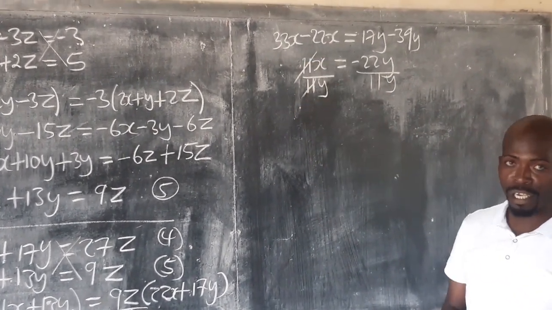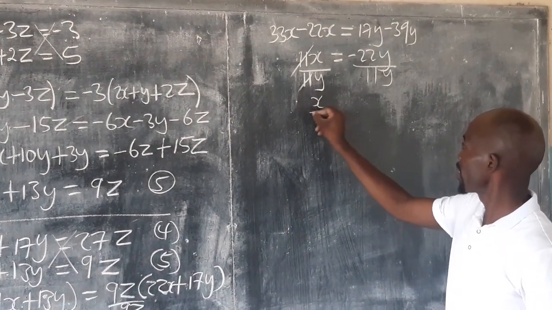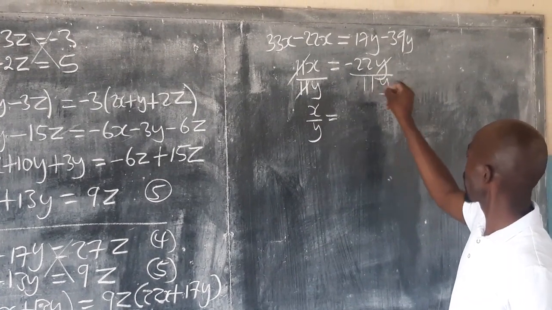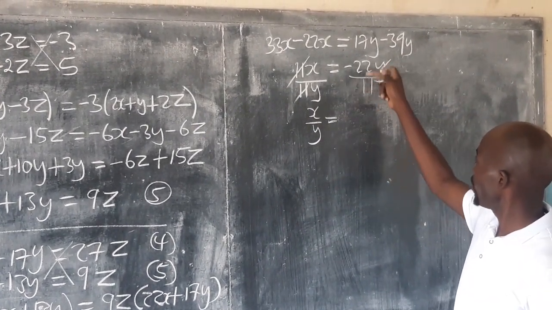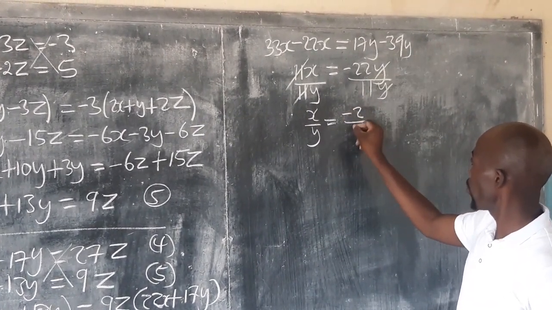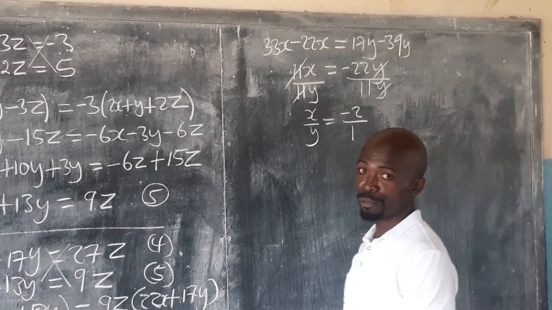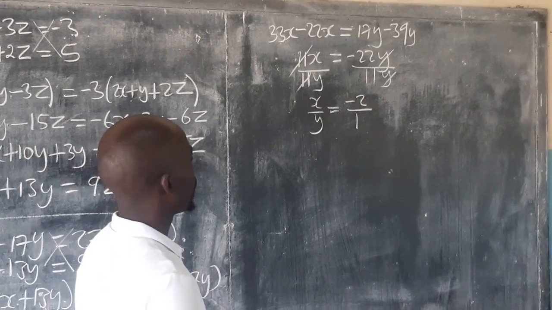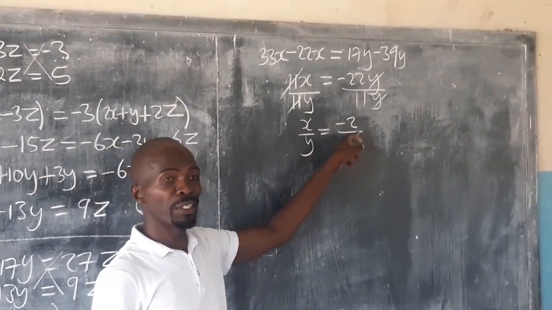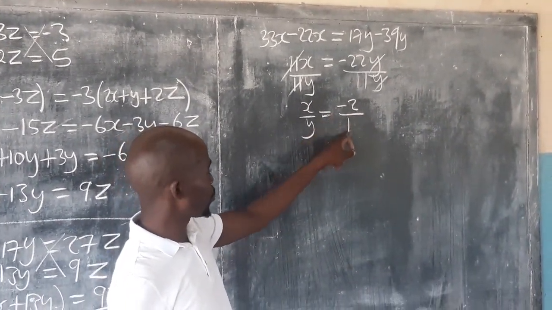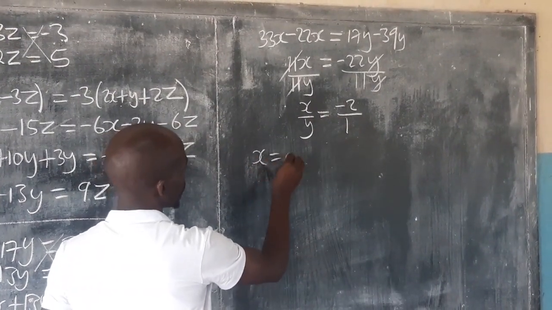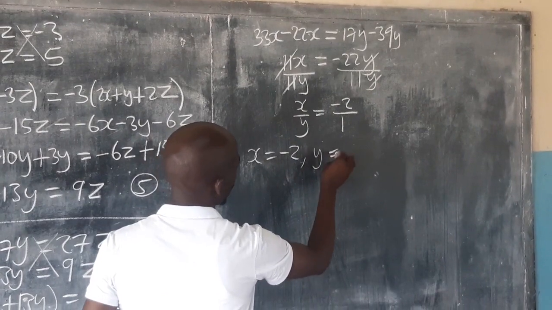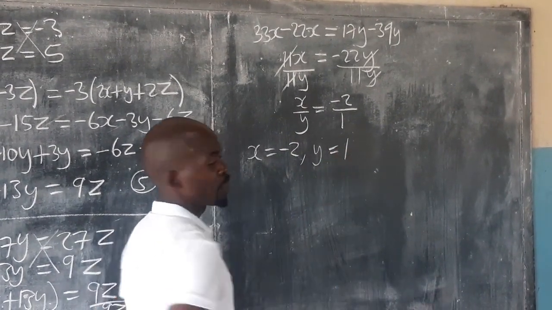This cancels, so x divided by y equals negative 2 over 1. From here, we can see that the numerator will be equal to that, while the denominator will be equal to that. So x at that particular time is negative 2, and y is equal to positive 1.